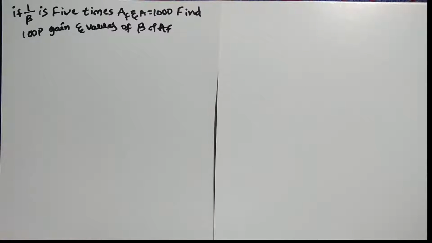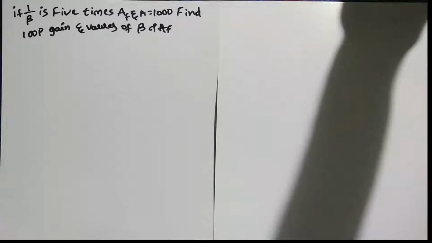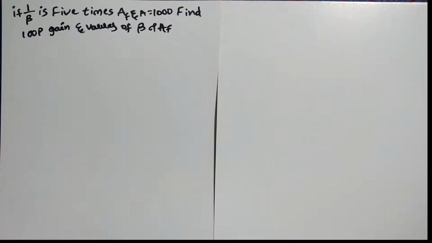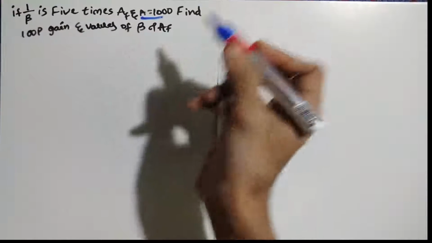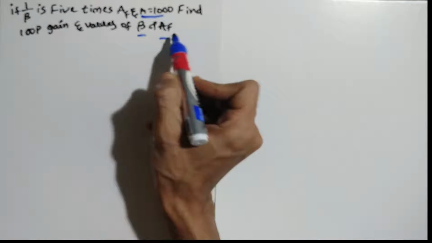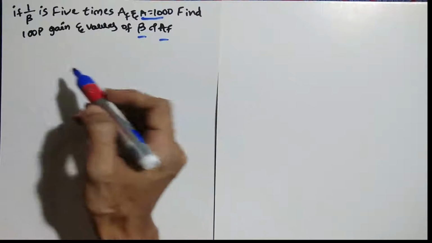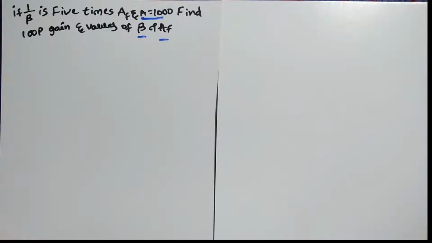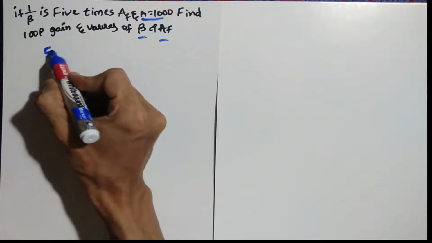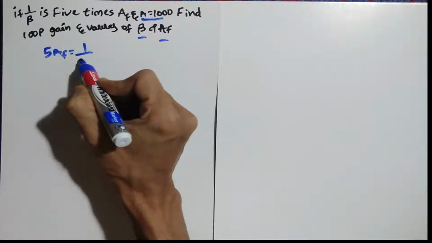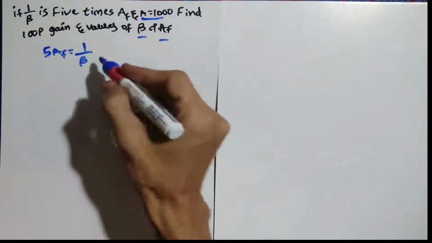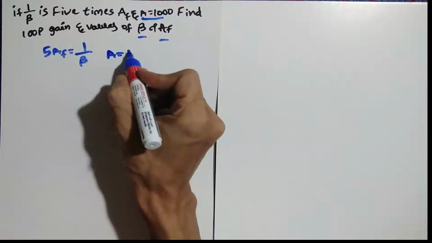Next problem we will discuss: if 1 by beta is 5 times AF and A is equal to 1000, find the loop gain and values of beta and AF. In this case A is given, so our aim is to find beta and AF. For that, one relation is given: 1 by beta is 5 times AF. We can write it like this: 5 times AF is equal to 1 by beta. Also we know that gain is equal to 1000.